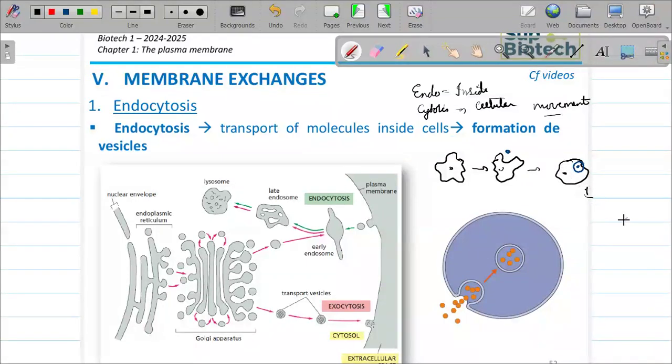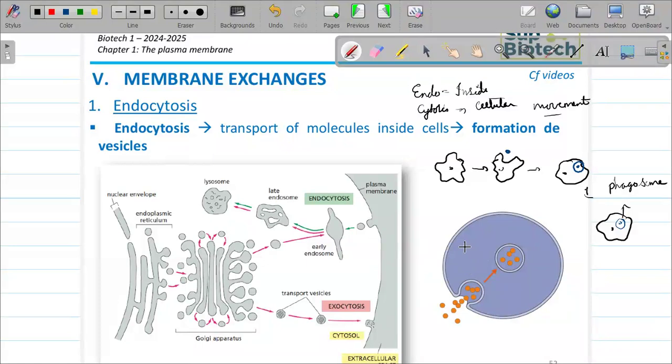Then one complete vacuolated structure will be formed in the cell, and this structure is called a phagosome. A cell eating phenomenon is called phagocytosis. Here the foreign molecules are taken inside. This process is called endocytosis.